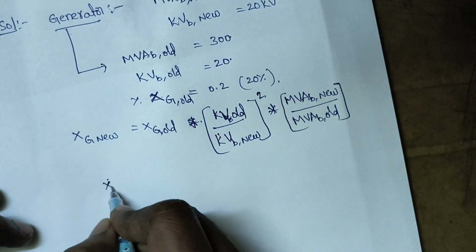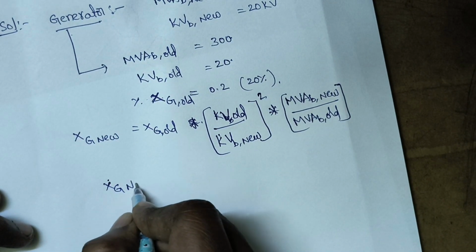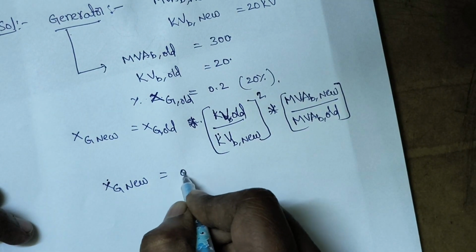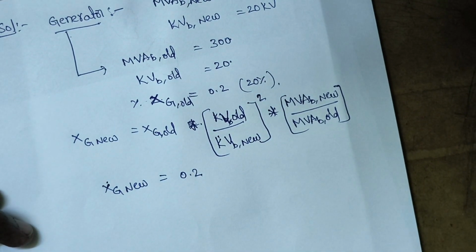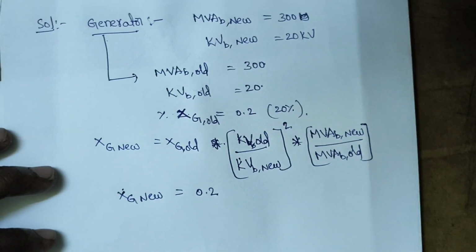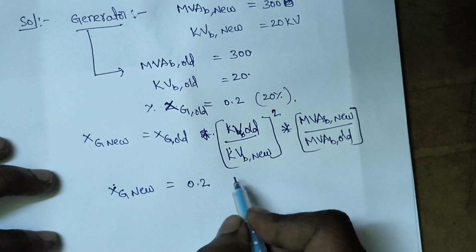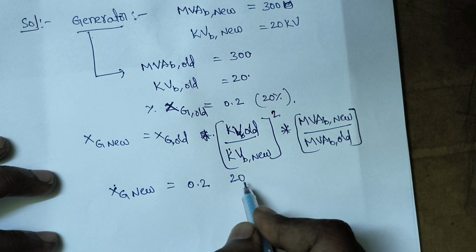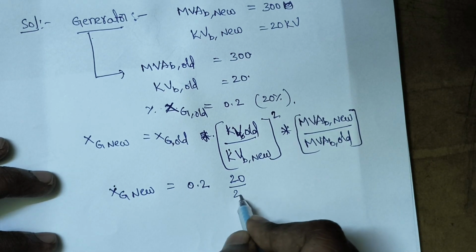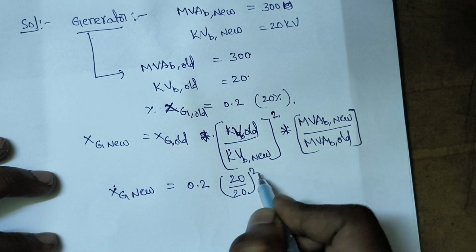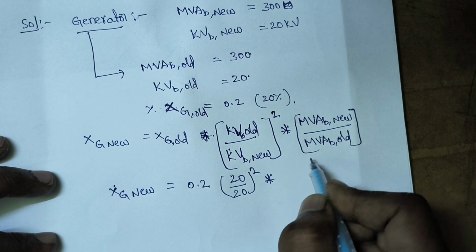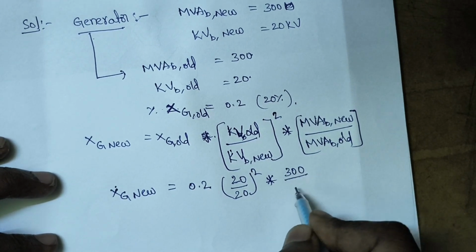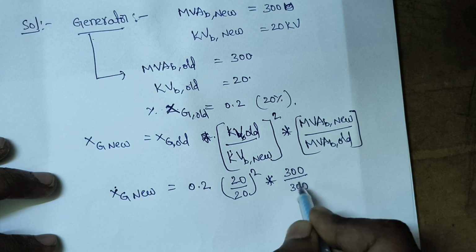Here he has given Xg old as 0.2. kVB old is 20, kVB new is also 20, whole square, multiplied by MVAB new 300 by MVAB old also 300.